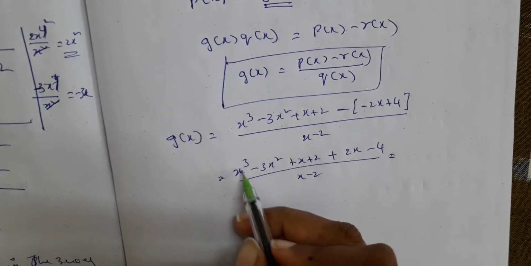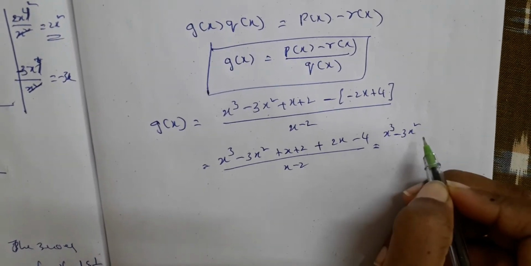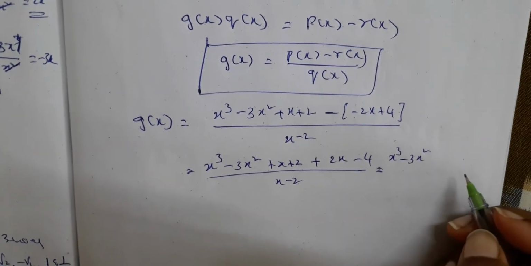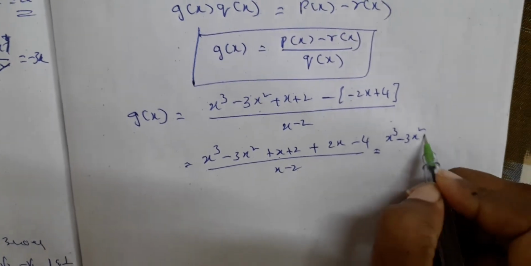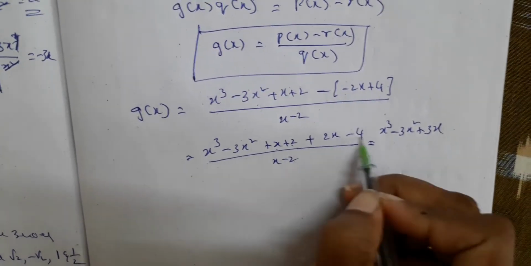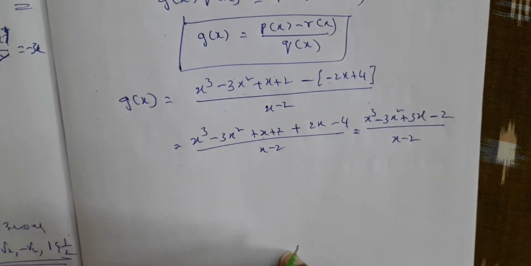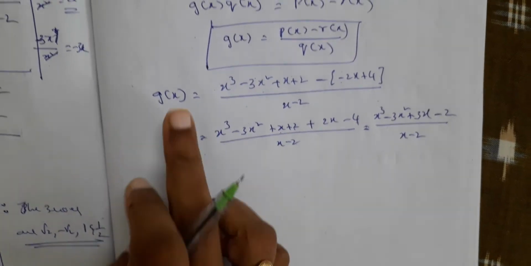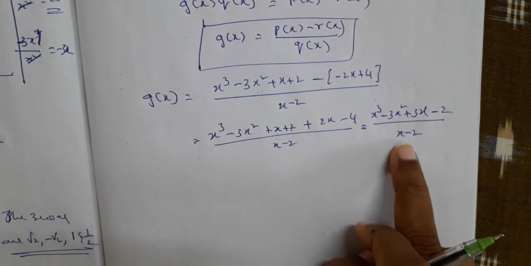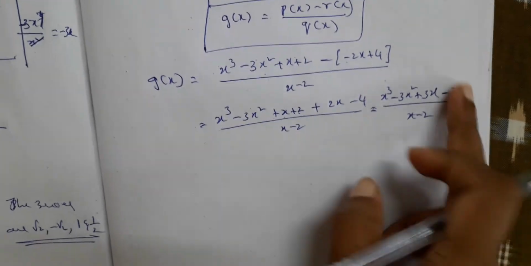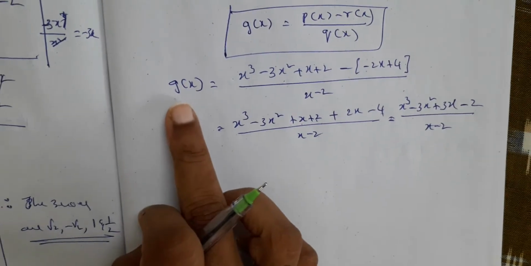On further simplifying this, you will get x cube term as it is, minus 3x square as it is, and then plus x plus 2x is plus 3x, plus 2 minus 4 is minus 2, by x minus 2. So now what did we get? To find out g of x, we need to divide this by x minus 2. Let us find out. Whatever quotient you get in this particular case is equal to g of x.